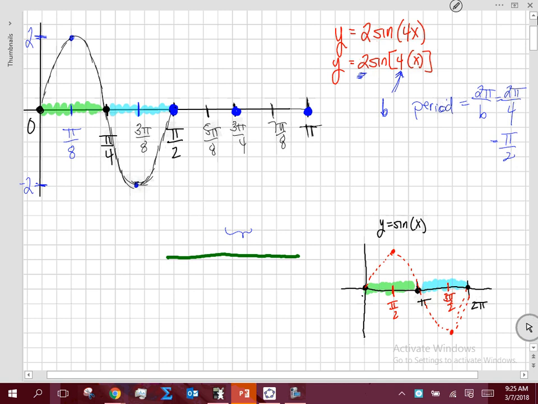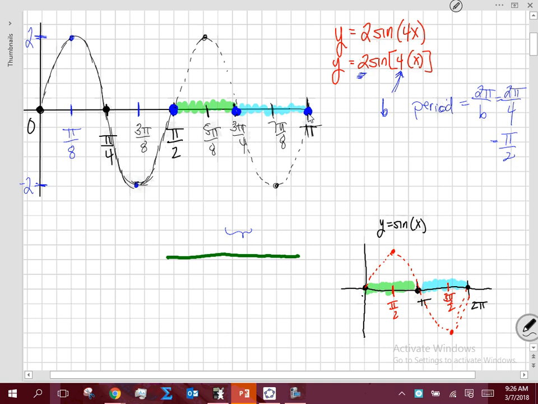And now would you guys agree that there's our green interval, there's our blue interval, halfway in between the green one you reach a max, halfway inside the blue one you reach a minimum, and now you have effectively cut and pasted your sine curve. And that's 2 full periods of 2 sine 4x. Is that all right? Okay.